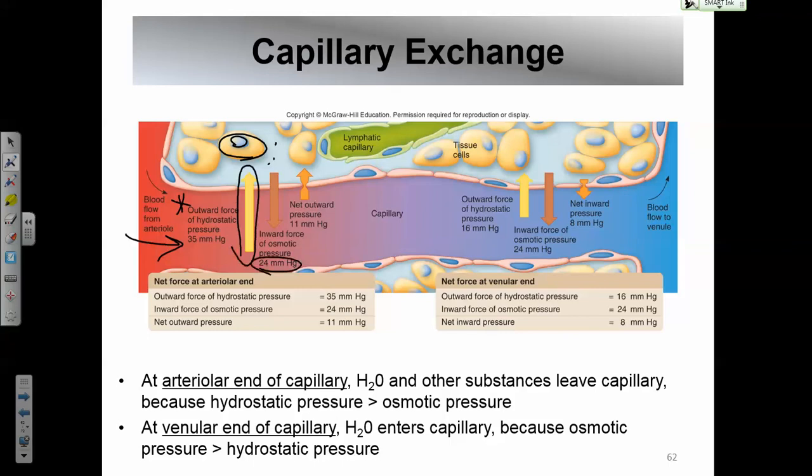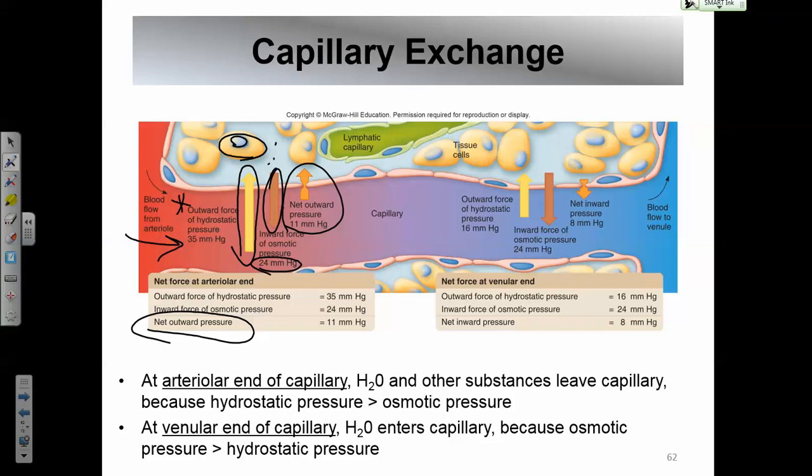See how it's 24? And this arrow representing this doesn't mean things are moving in. That just means that's the pulling pressure on water. Do you see how the pushing is bigger than the pulling? Okay, and so that means the net outward pressure is positive. Okay, and so that means water's going to move out of the blood, carrying with it things that are going to be then moving into the cells.